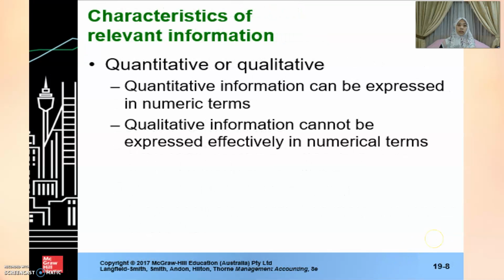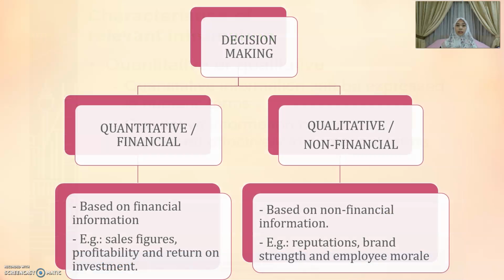And you also need to look at the quantitative or the qualitative factor when you make decisions. Quantitative is basically all the information that you can express in monetary terms or in numeric terms. Qualitative information is the item that you cannot express effectively in numerical terms.